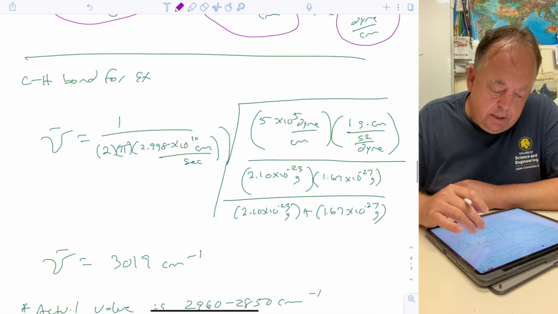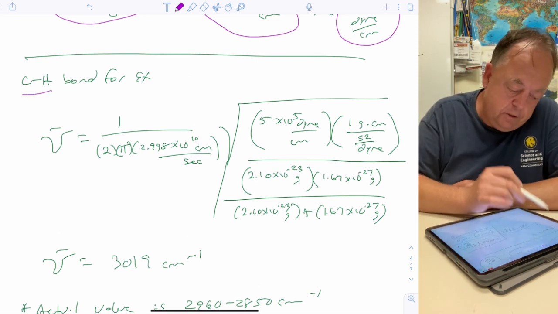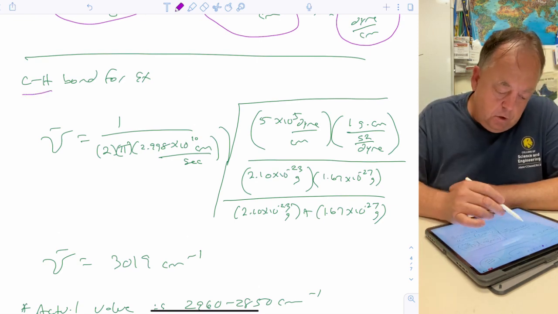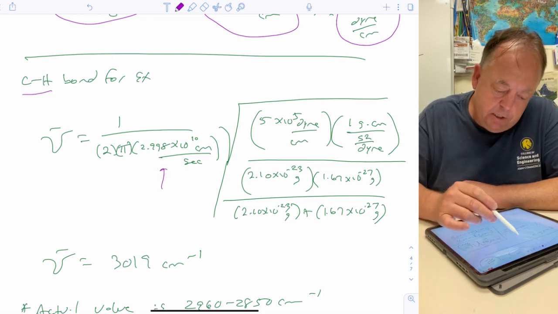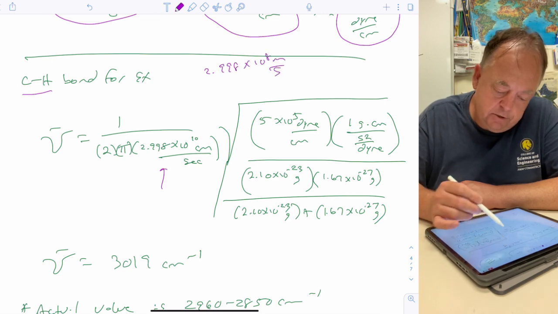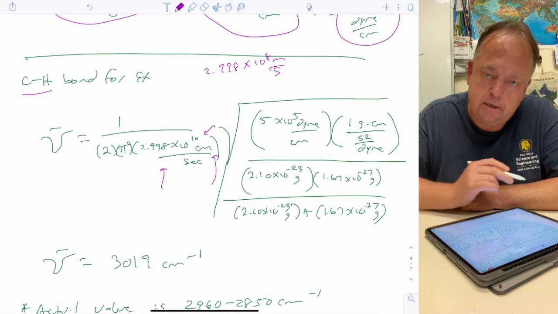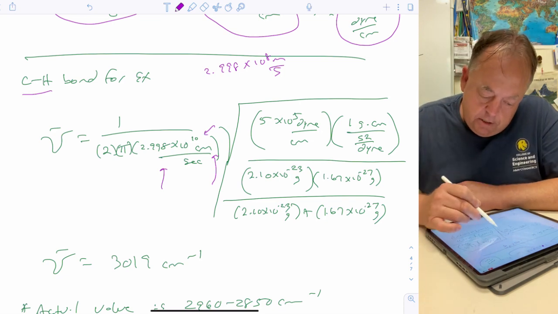So if we do this calculation for a CH bond, for example, 1 divided by 2 pi, plug in the speed of light. The speed of light is 2.998 times 10 to the 8 meters per second, and here I've converted to centimeters per second. And then the square root.